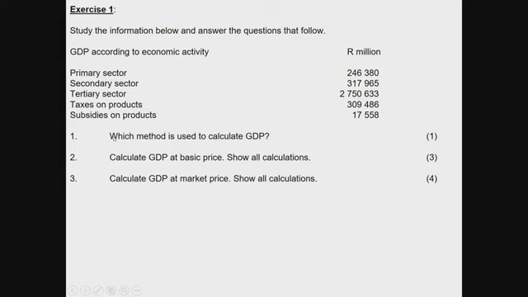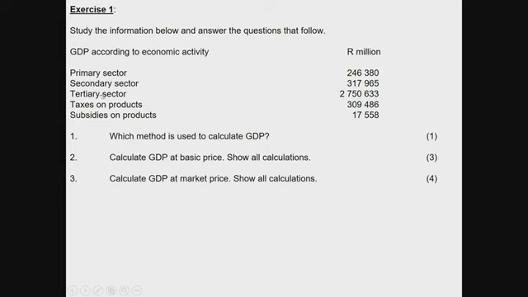products. And the first question asked here is, which method is used to calculate GDP? So how do we recognize the method that is being used? We look at the information that is given. So they're talking about the various sectors of the economy, and if I remember correctly, from what we've just gone through, which method was that?